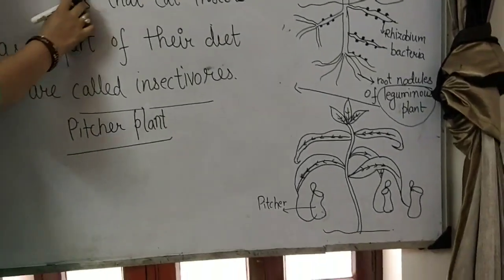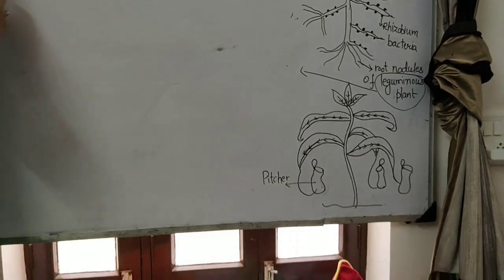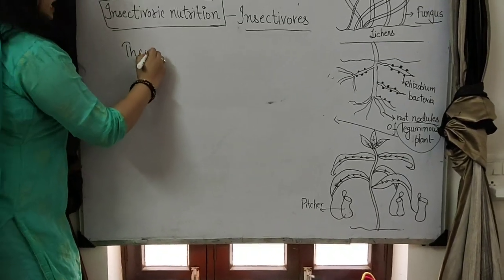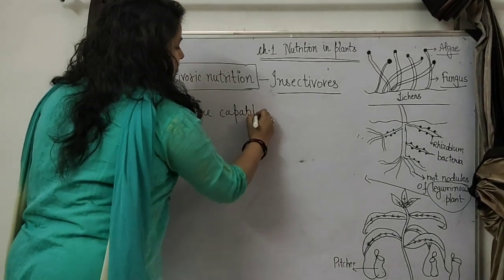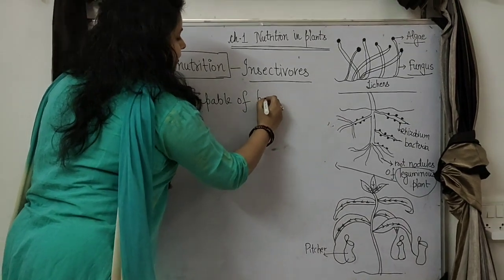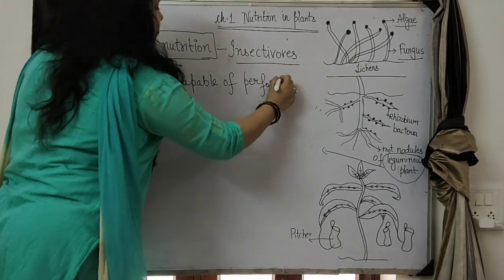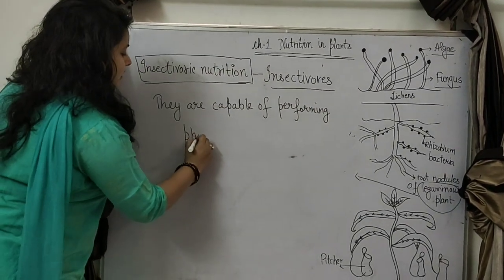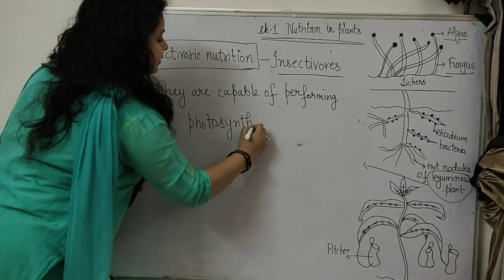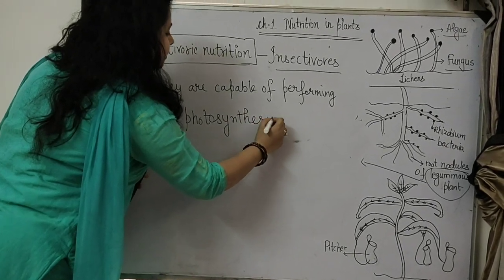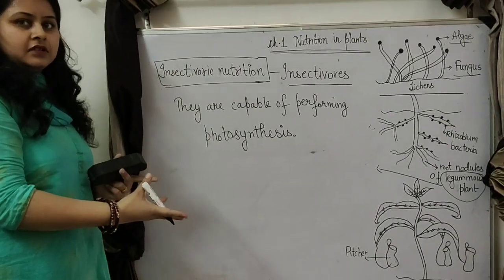Also, one more speciality of these insectivorous plants is that they are capable of performing photosynthesis. That means they can prepare food for themselves, but they depend upon other sources for minerals.